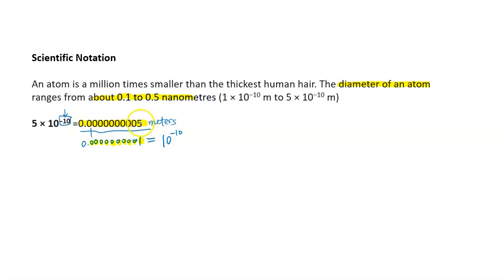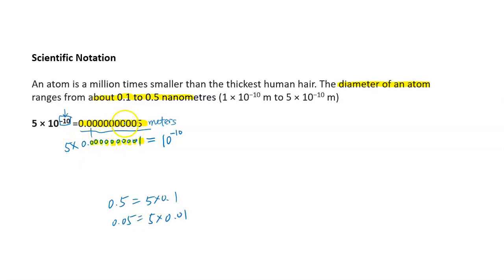Well, if it's not 1, if it's 5, and notice this number, it will be 5 times this digit, just like 0.5 would be 5 times 0.1, and if it's 0.05, it would be 5 times 0.01.